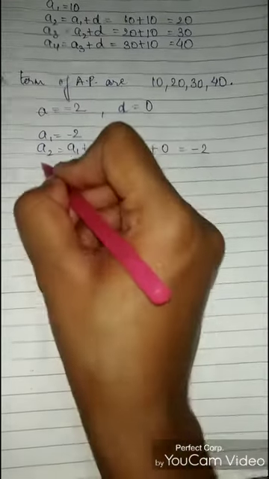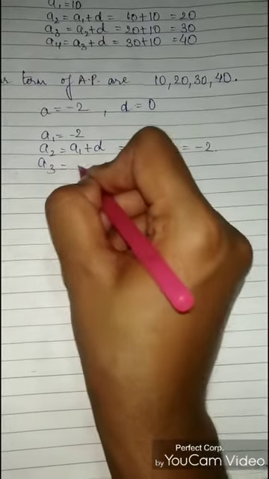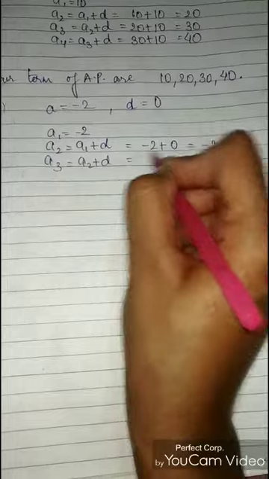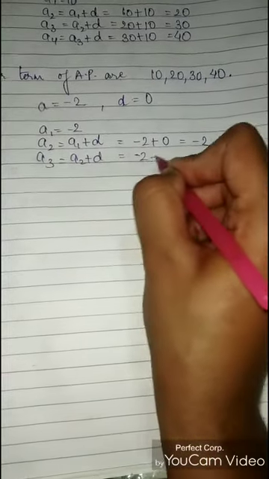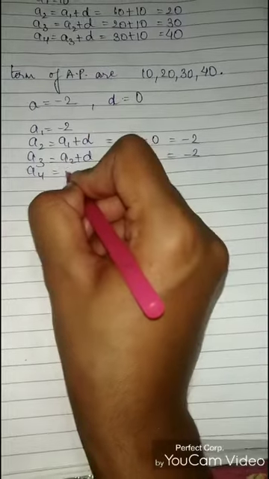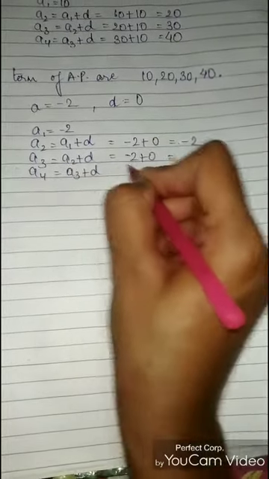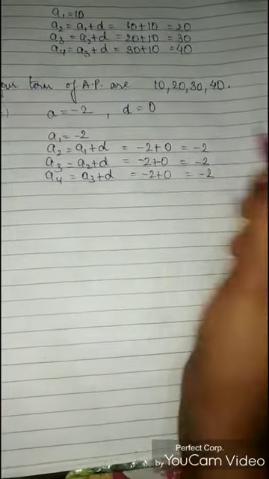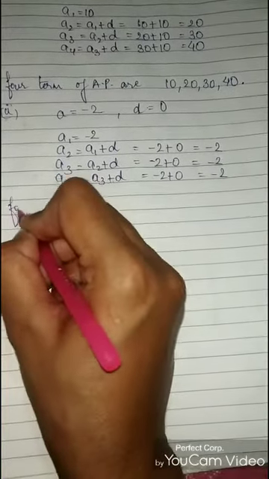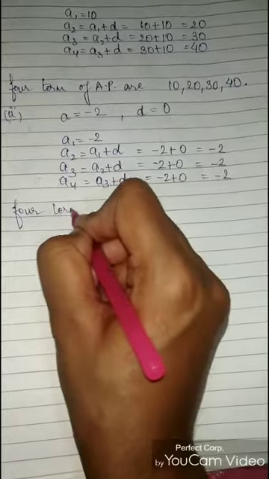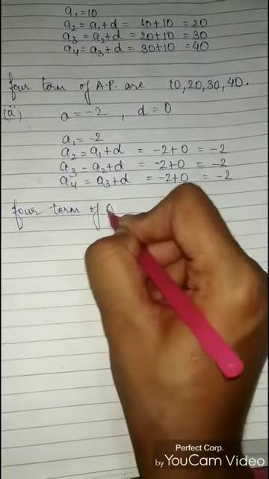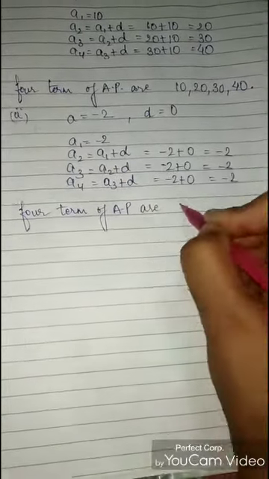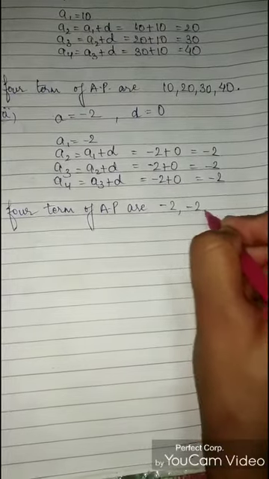A3 is A2 plus D, minus 2 plus 0 is equal to minus 2. A4 is A3 plus D, minus 2 plus 0, that is minus 2. So the 4 terms of AP are minus 2, minus 2, minus 2 and minus 2.